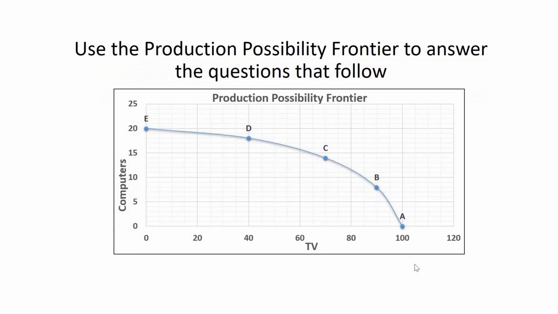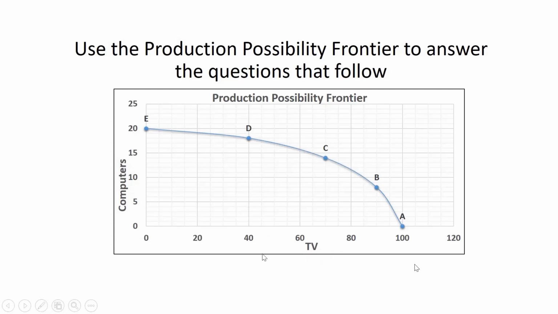What we have is a production possibility frontier, and we are going to use it to answer different types of questions. On the PPF, we have computers on the vertical axis and TV on the horizontal axis.